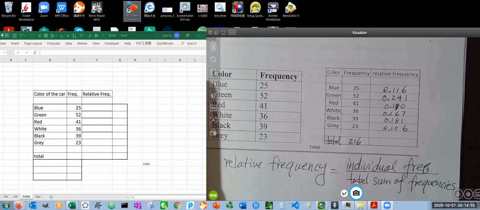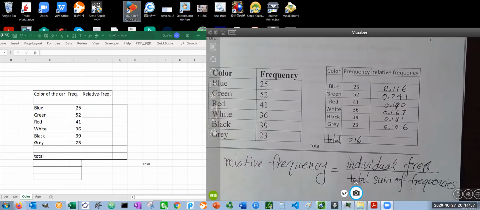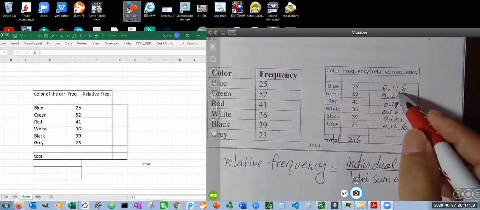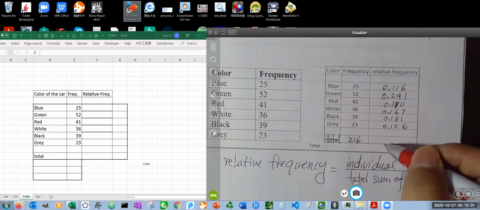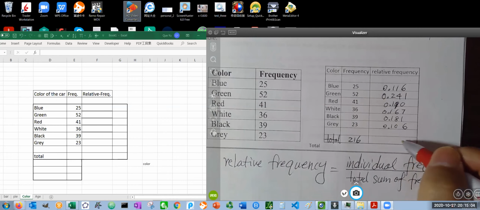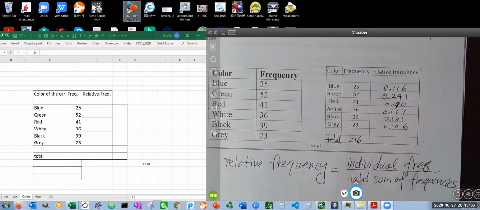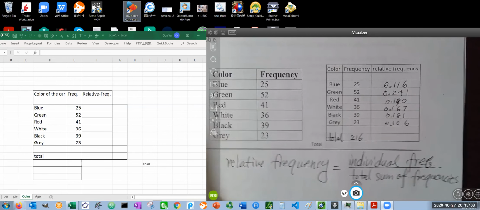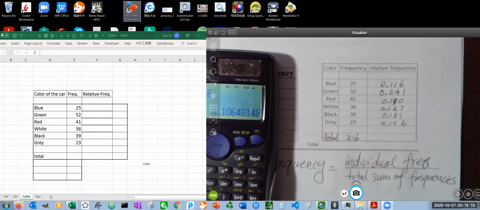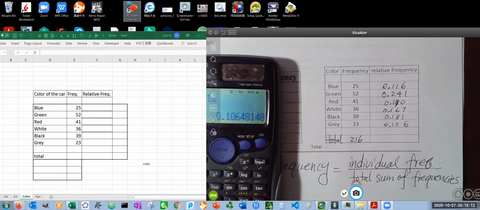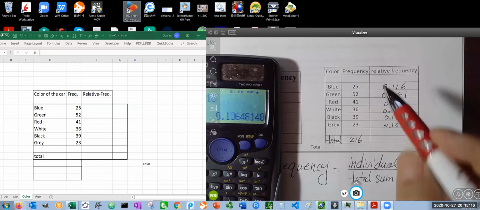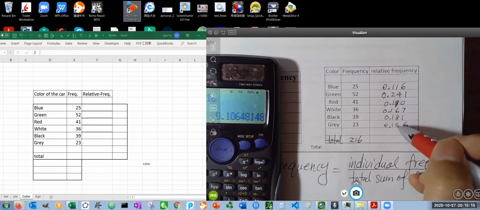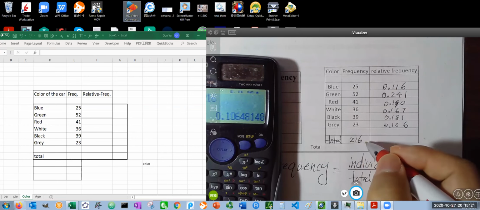Okay, now I'm going to add all of these numbers together to get a total sum of relative frequencies. Before I do that though, let's guess what number we're going to have. What number is expected? Think about that. This is relative frequency relative to the whole thing. Whole thing is 216.